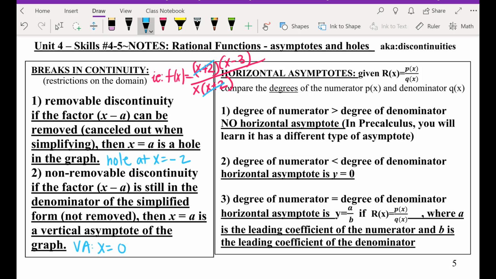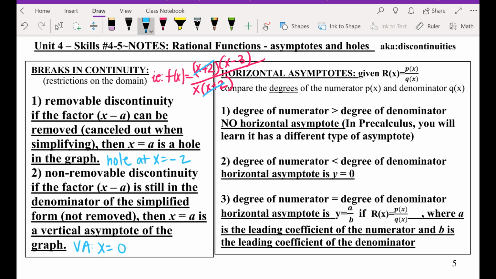Now on the right side, these are called horizontal asymptotes. And again, so horizontal asymptotes, let's talk about cases. We're just going to compare the degrees of the numerator, which in our equation is p of x, to the degrees of the denominator, which in our equation is called q of x. Case number 1. The degree of the numerator, if it's, what's this right here?